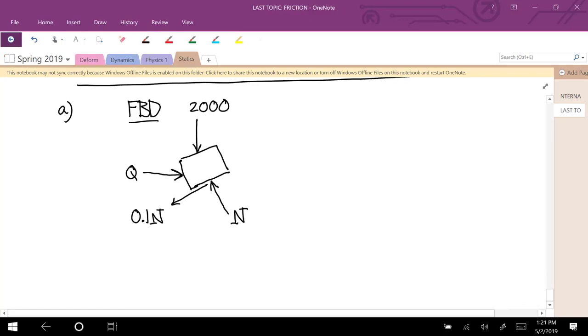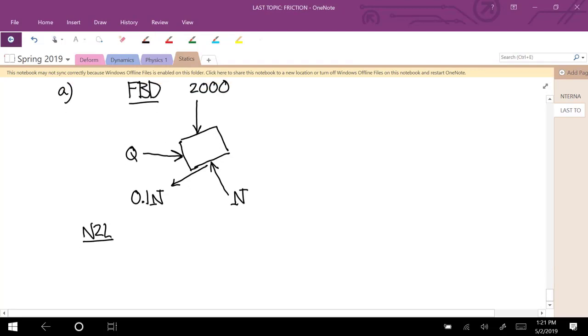And now Newton's second law says we have 0N plus negative 0.1N, 0, plus what's the cosine of 5 degrees?